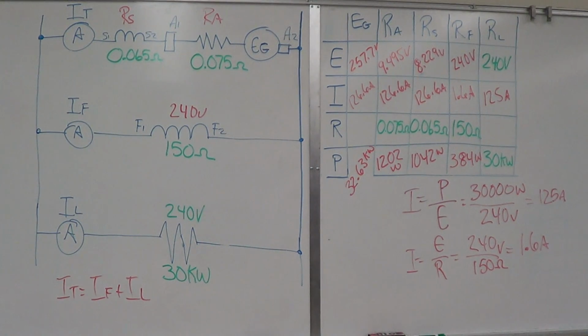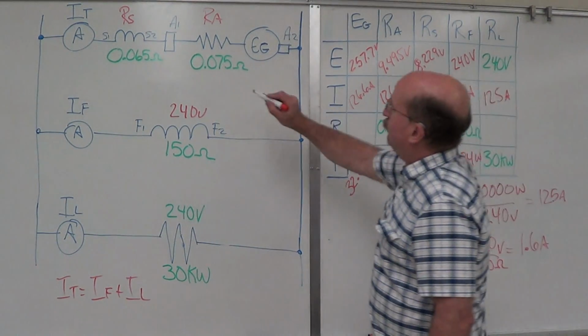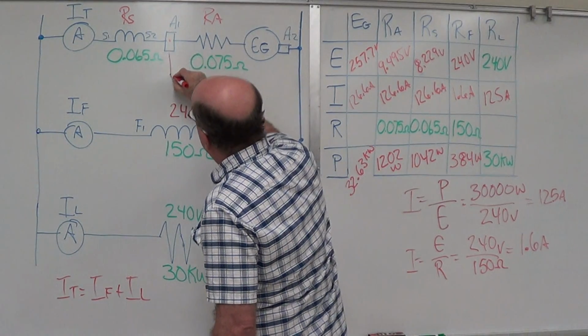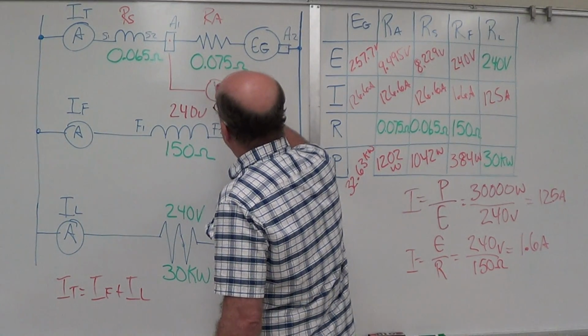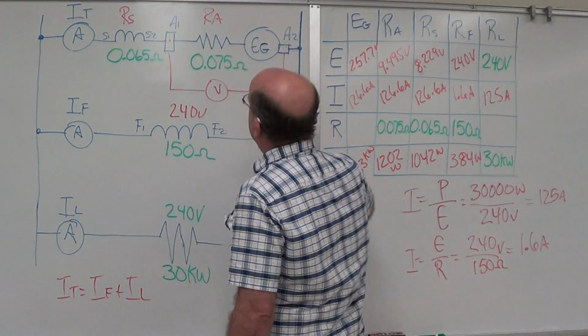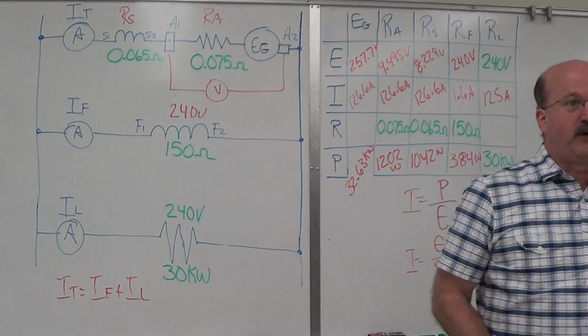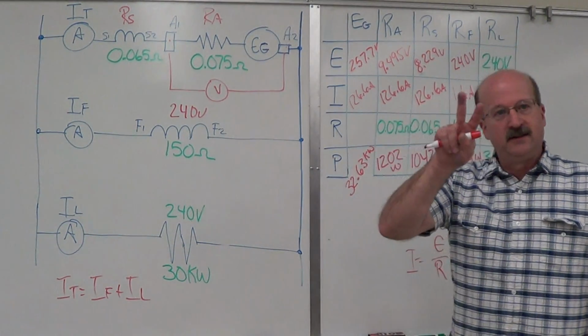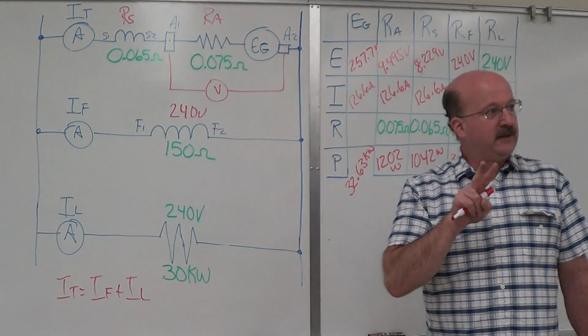Now, how about the voltage across the brushes? The voltage across the brushes is right here at A1 and A2. So if I put a meter here, that's what we're looking for as far as the voltage across the brushes. You can approach this in two ways.